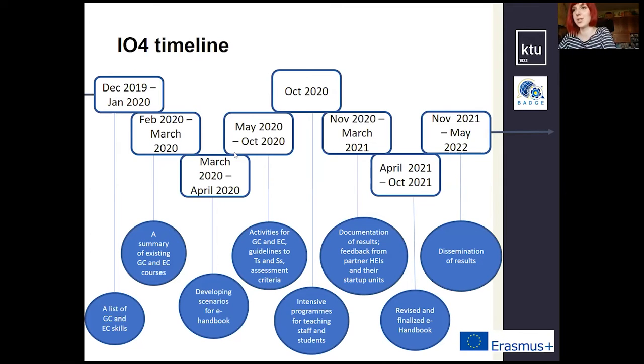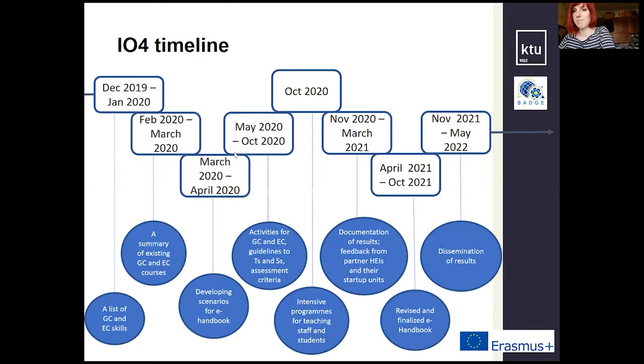So we wanted to see what is there and what is still maybe missing, to find a niche for how our deliverables could fill the gap and deliver something both useful and innovative.